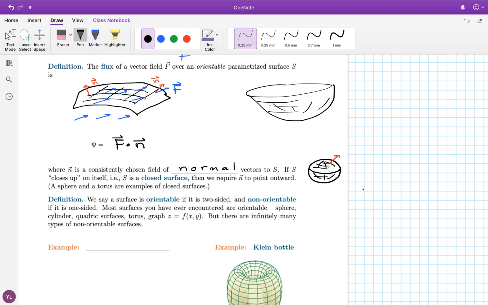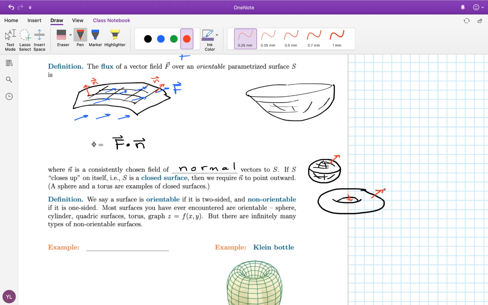Just another so-called closed surface that encloses some volume of space. A torus is a nice surface for our purposes as well. There's a distinct outside. You could attach normals that point to the outside of the donut, or you could attach normals that point inside the donut.